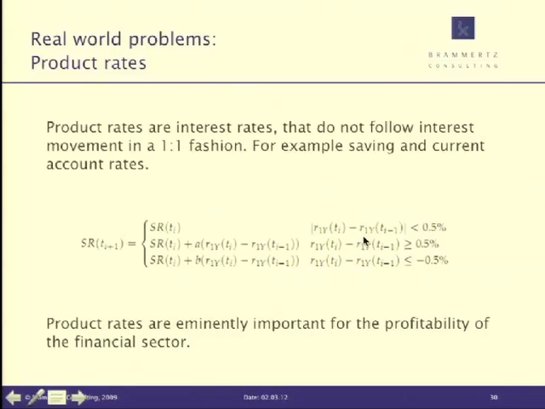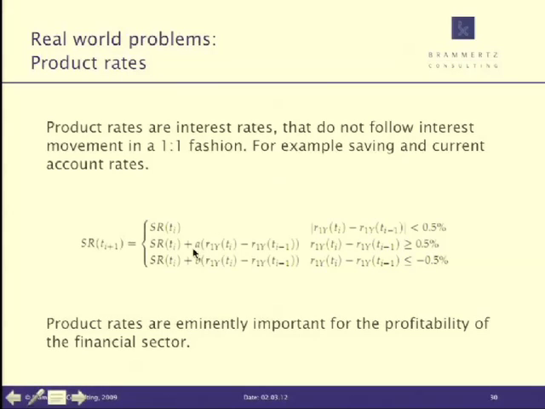Other rules could apply. So the saving rate in T plus 1 is the saving rate in T if the 1 year market rate hasn't changed more than 0.5%. That means saving rates are sluggish, they're slow. And so if little movement in the market, you get no movement in the saving rate. But this is only an example, so it's not that model. I just want to give you an example here.